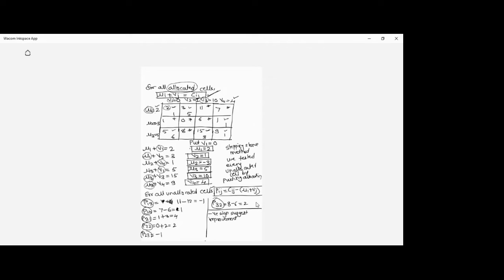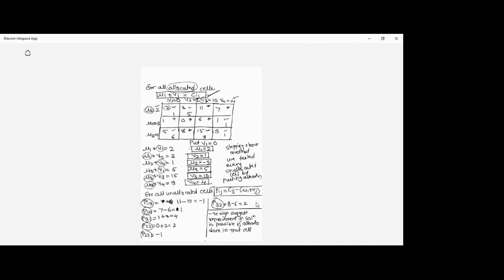Improvement in the solution is possible if allocation is done in that cell, right? So we have got this particular solution, which is not an optimal solution, and we have to iterate towards the optimal solution.